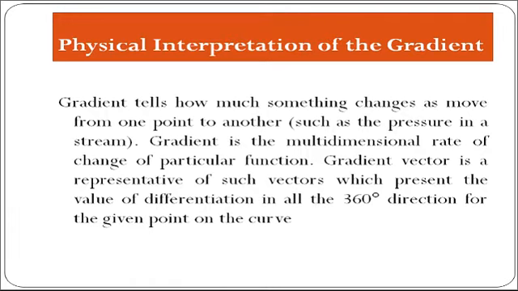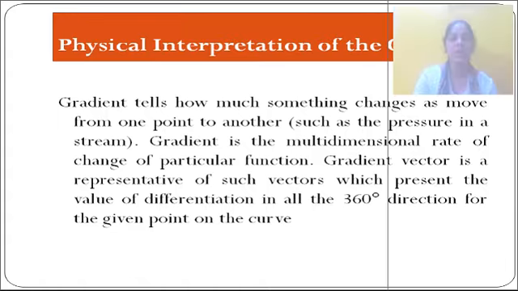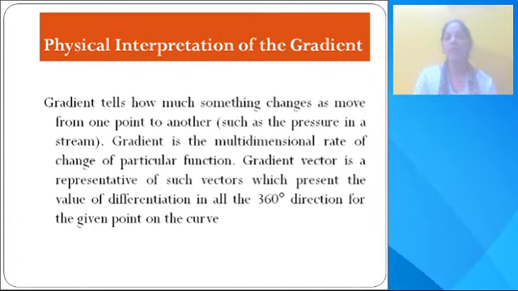So this is the mathematics, but what is the physical interpretation of the gradient? What does it mean if we find the gradient of a scalar field? It is very important to know this, because when we know the physical meaning, then we can apply it in physics. The gradient tells how much something changes as we move from one point to another.